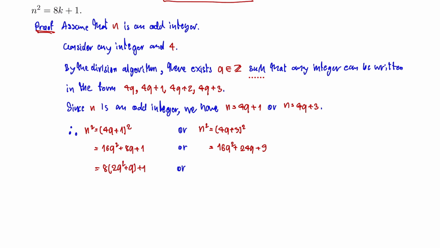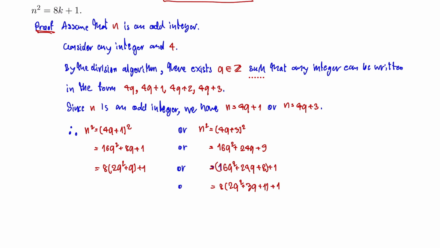On the right side, the number 9, I'm going to partition into two numbers, so 9 becomes 8 plus 1. I focus on these three terms. As you can see, for these three terms we can factor out 8. So we can have 8 times 2q squared plus 3q plus 1, plus 1.